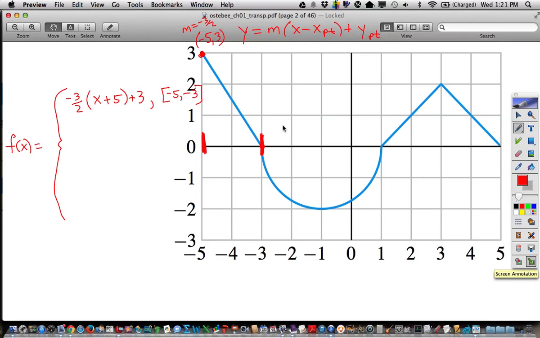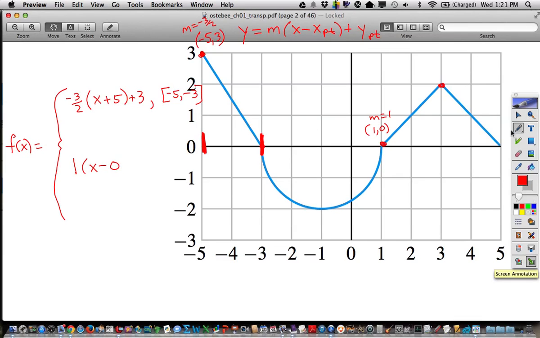All right, so let's go to the next piece, which is a line. So this piece here. Now this piece, let's just take this point right here, 1, 0. Slope of 1. Okay? All right, so I already got my y equals. I'm going to leave myself a space here for the circle. So I got 1, parentheses, x minus 0.